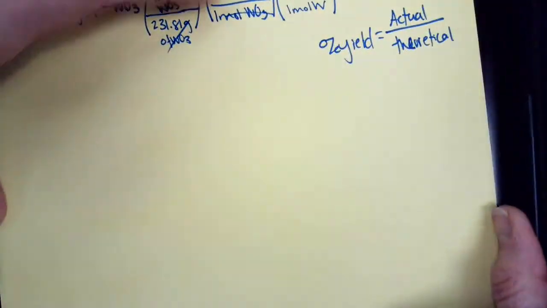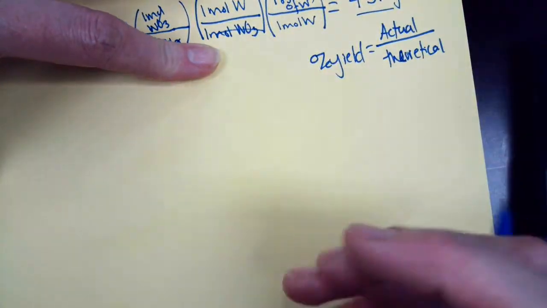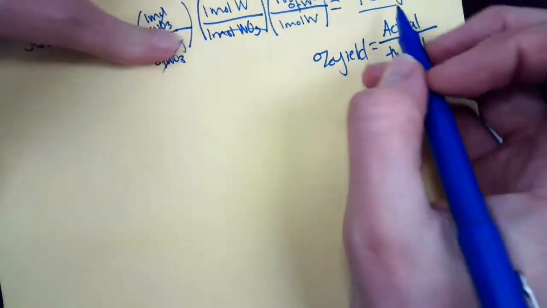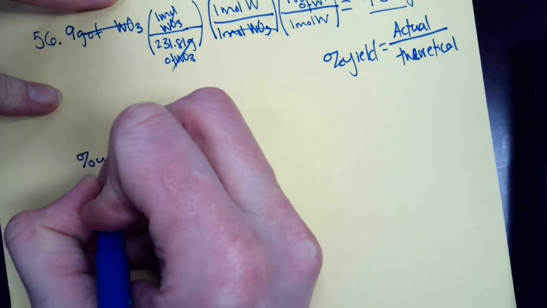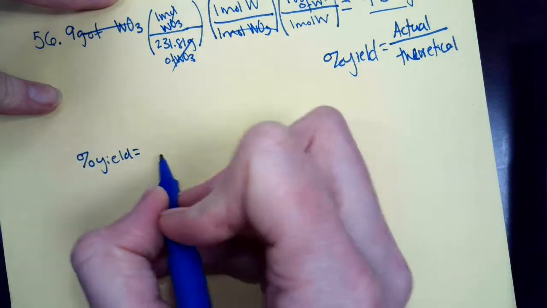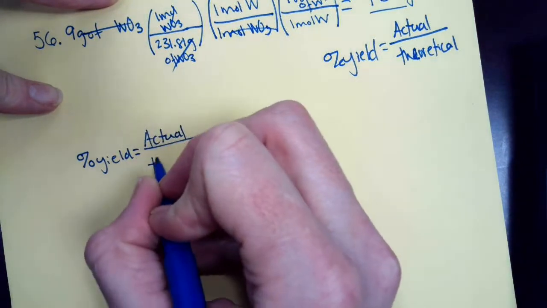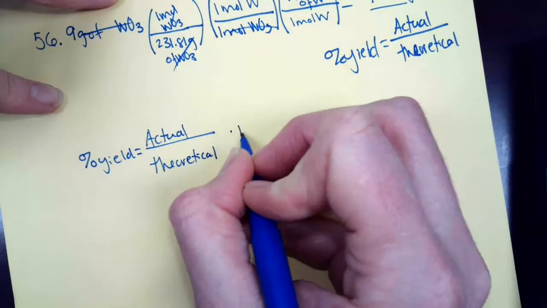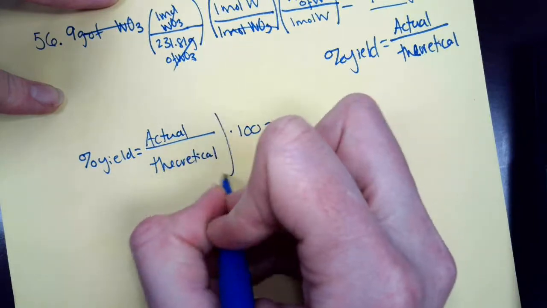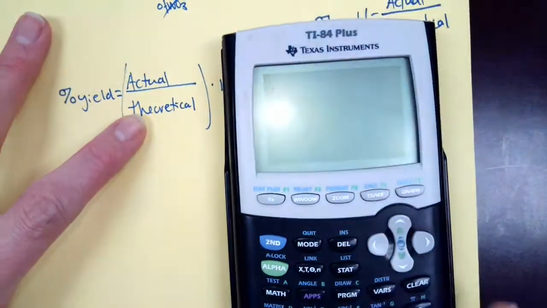So then we are going to take this value, and don't use the calculated value, use your value as sig figs. So your percent yield is going to be equal to your actual yield divided by theoretical times 100. So our actual is what they told us came out of this reaction.